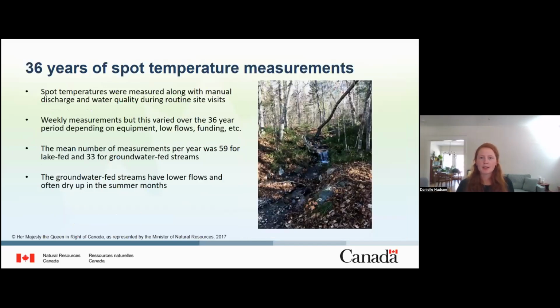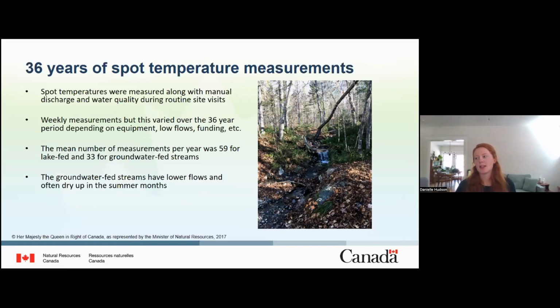So what do I mean by this spot temperature data set? We are going to look at 36 years of spot temperature measurements. These measurements were taken by a field technician with a thermometer on their routine site visits when they were measuring manual discharge or water quality. The goal was to take these measurements weekly, but as you can imagine, over almost 4 decades, that's bound to vary.